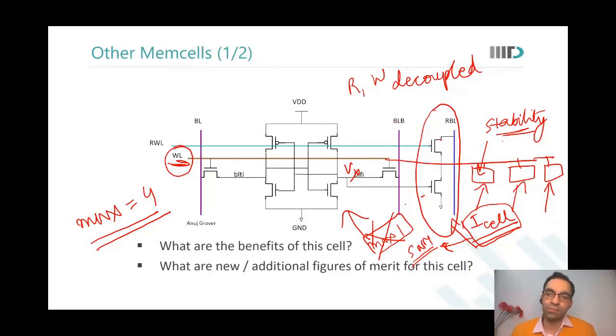Are you able to see this? Sir, for example, when I'm reading in the cell, if I have a 0 and I want to read that 0, I put the read word line as 1. But then how exactly am I reading? Yeah, so no discharge will happen. But if BLFI was 1, then RBL would have discharged. So you have read.